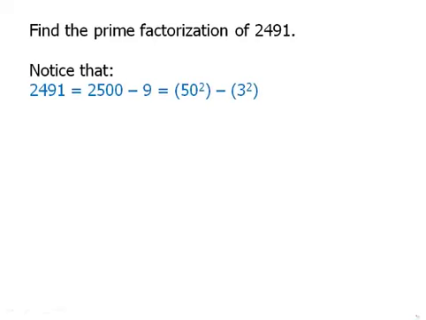So this is 50 squared minus 3 squared, a difference of squares. We can write this as 50 minus 3 times 50 plus 3, 47 times 53. That is the prime factorization. Those are two prime numbers right there. And again, that would be incredibly hard to find even with a handheld calculator, but here we can find it directly and elegantly using the difference of squares.